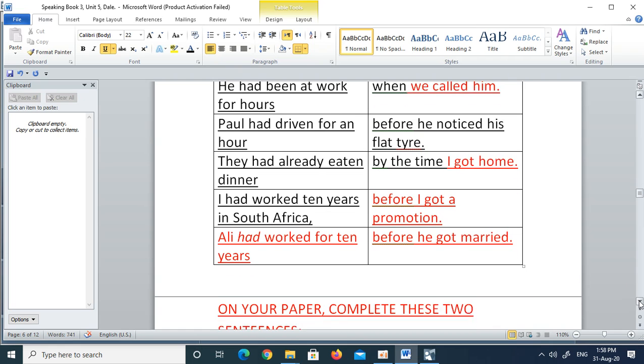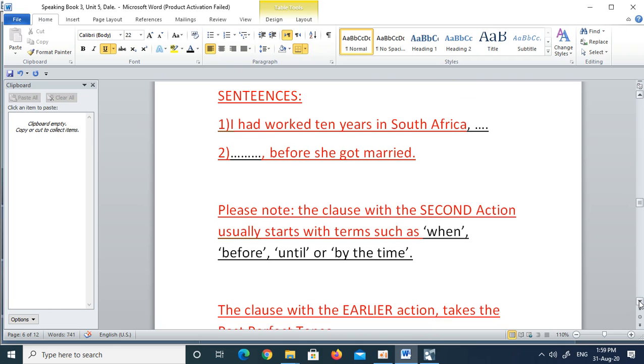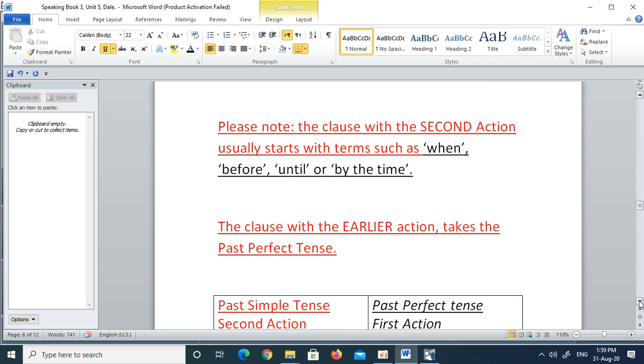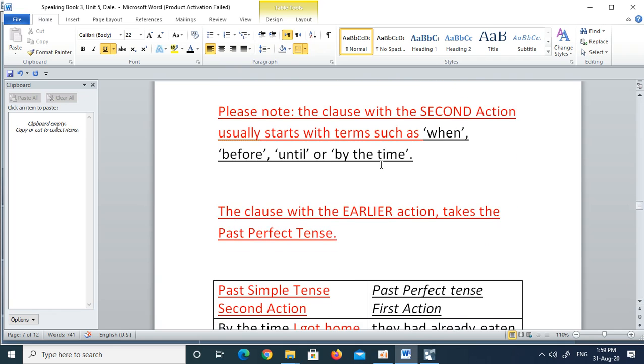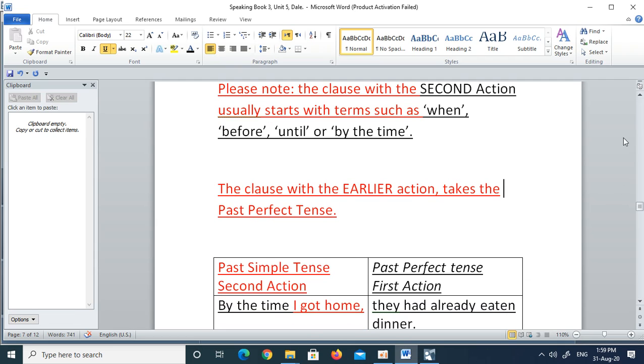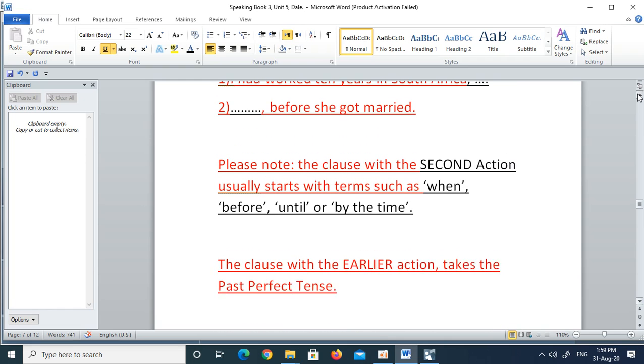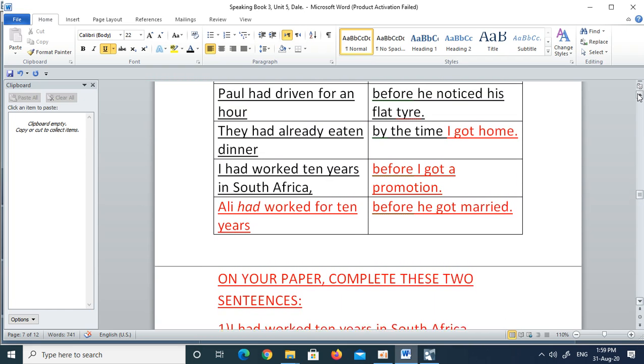And those are the time phrases or clauses that we use, the terms about time with which we will introduce the second action in such a construction. Now, there is something else I wanted you to notice.